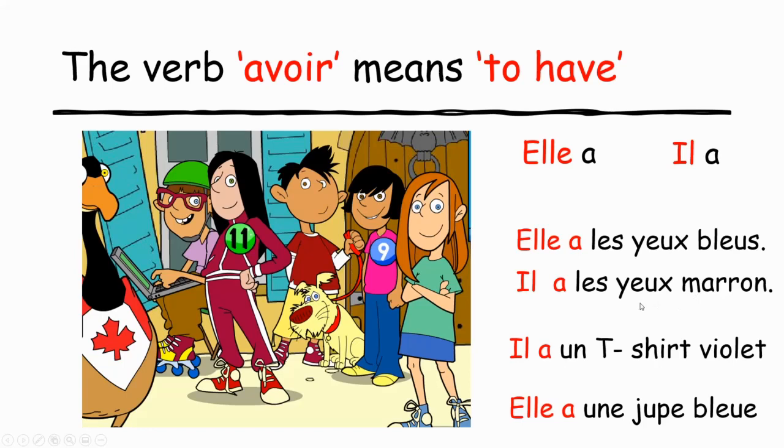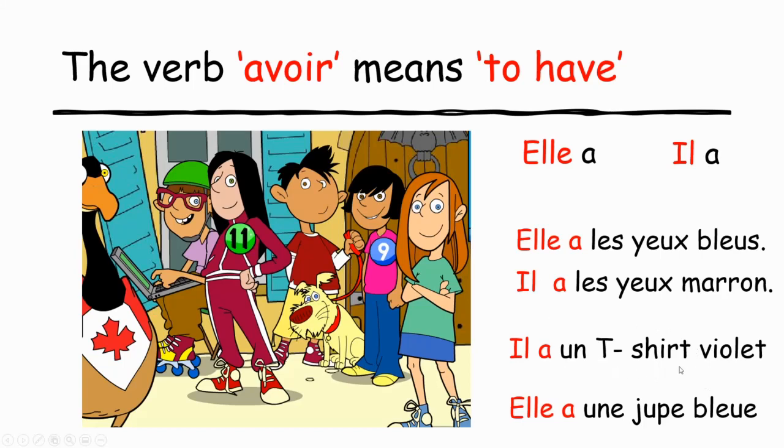Now we're going to move on. Il a un t-shirt violet. Now in our last lesson we talked about cognates, which just means words that sound similar in English. So there are a couple of words here that can help us work out what this sentence means.